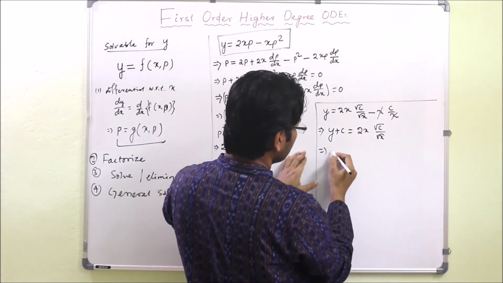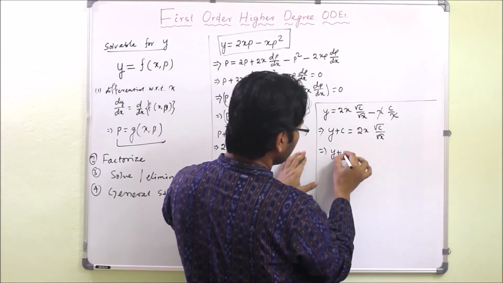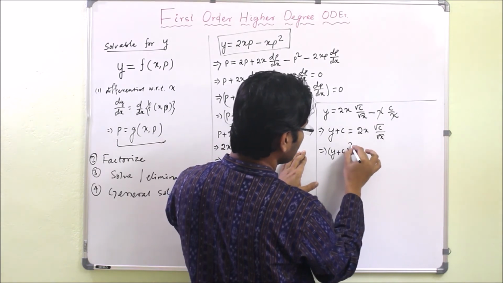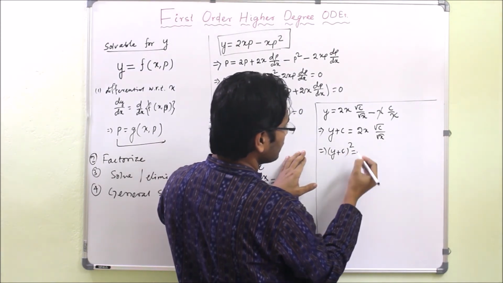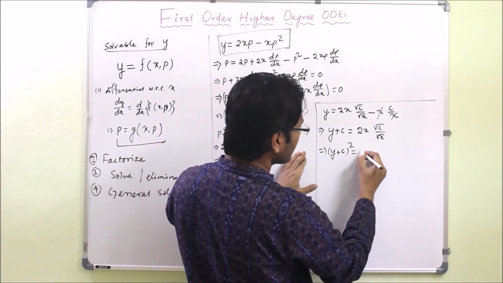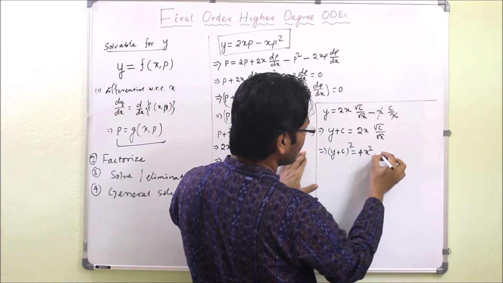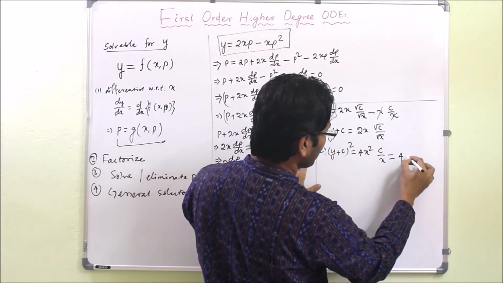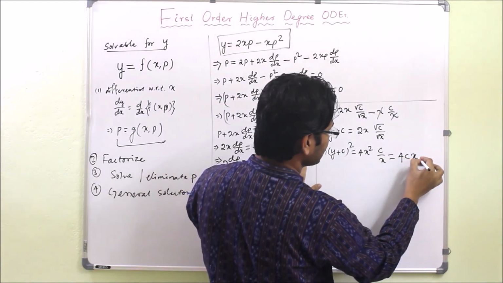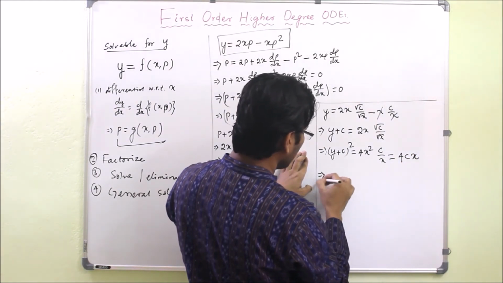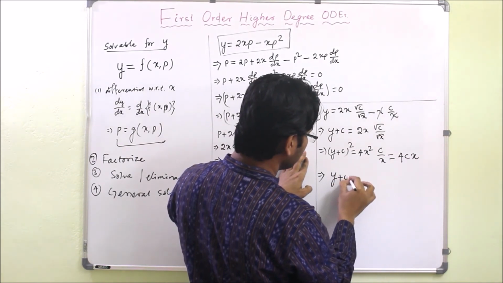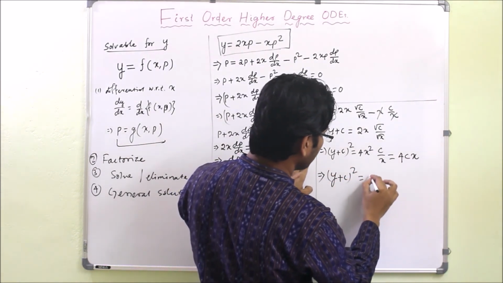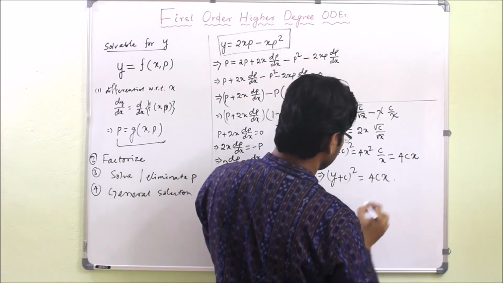Now if I square both sides, we get y plus c whole square equal to 4x square c by x, or 4cx. So the solution is y plus c whole square equal to 4cx.